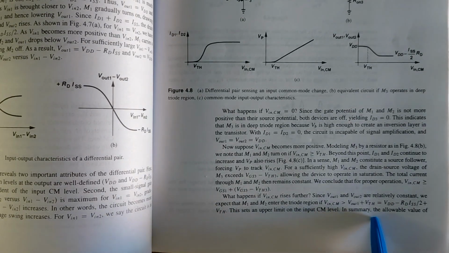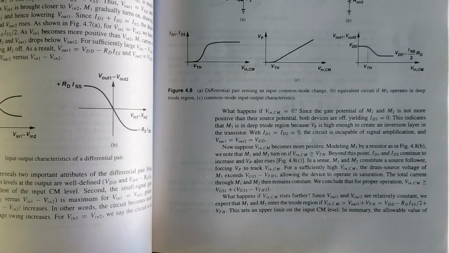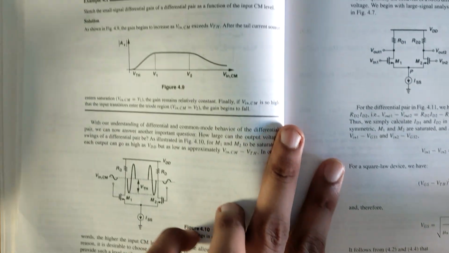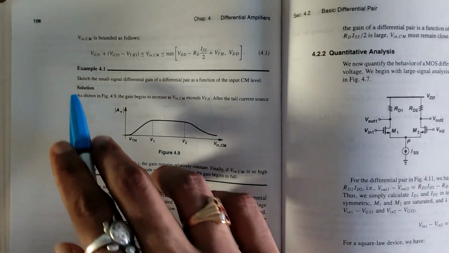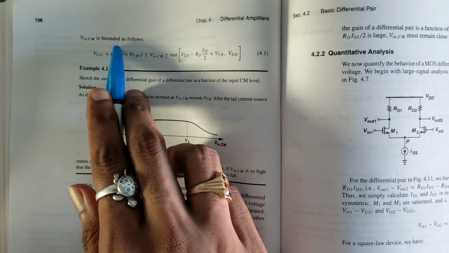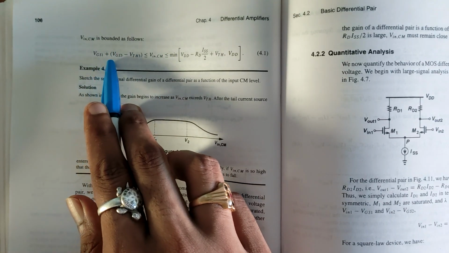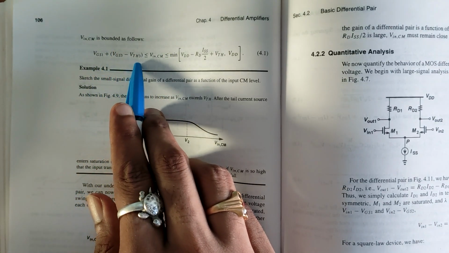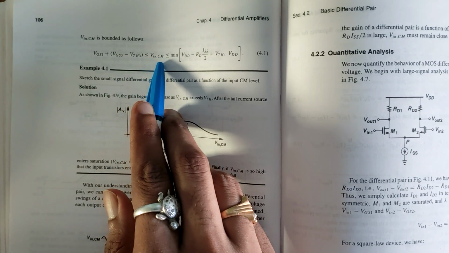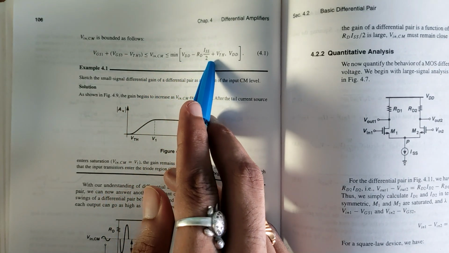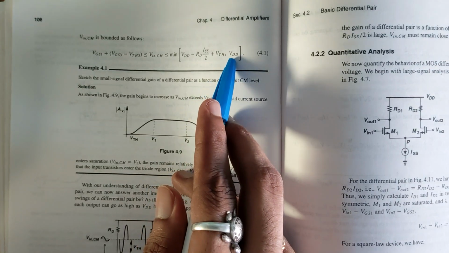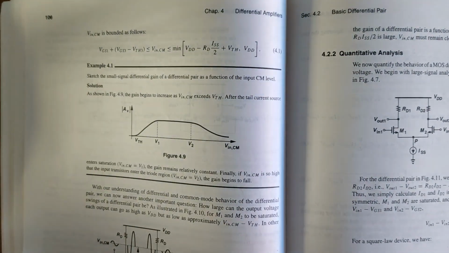Thus, in summary, the allowable value of Vin,CM is bounded as follows: VGS1 plus VGS3 minus VTH3 is less than or equal to Vin,CM, which is less than or equal to min of VDD minus RD ISS by 2 plus VTH, and VDD.